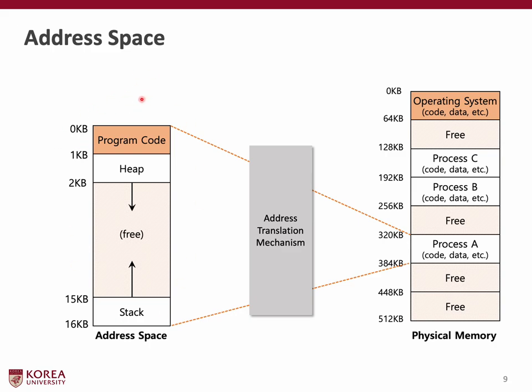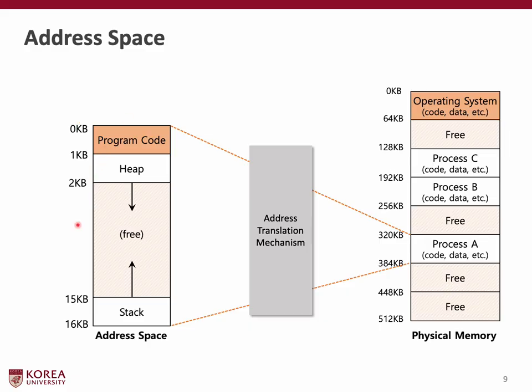And this virtual address space is mapped onto a free area in the physical memory. In this way, each process can share the physical memory independently. For example, in this figure, this virtual address space is mapped onto the physical memory region from 320 kilobytes to 384 kilobytes.